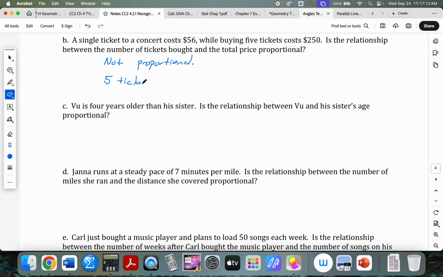Five tickets at $56 per ticket would be 56 times 5, which is, I wrote, 250 plus 30, $280.